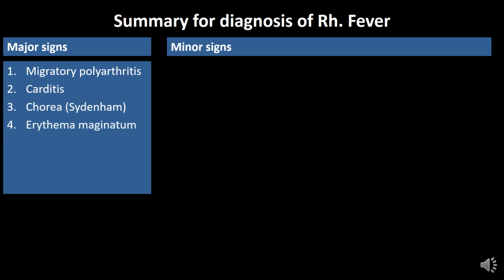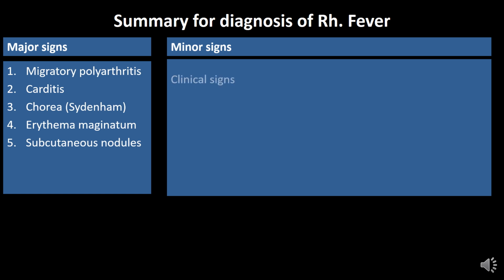Erythema marginatum, which is a macular rash with a pale center, very easy to see in light-skinned people compared to dark-skinned children, and its appearance is made better when the skin is warmed. And then we have the subcutaneous nodules, which occur in a very small percentage of patients, on bony prominences, nodular tissue, about 1 centimeter in diameter. And remember, we said its presence should give you an index of suspicion for carditis.